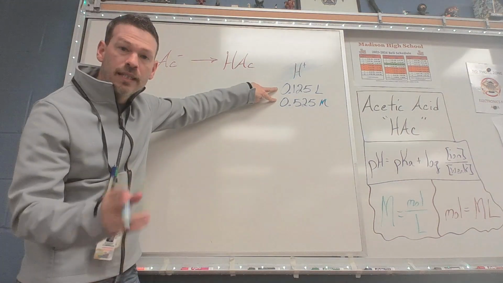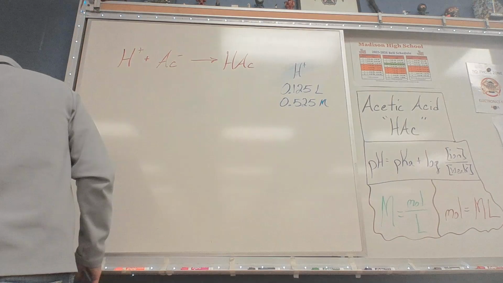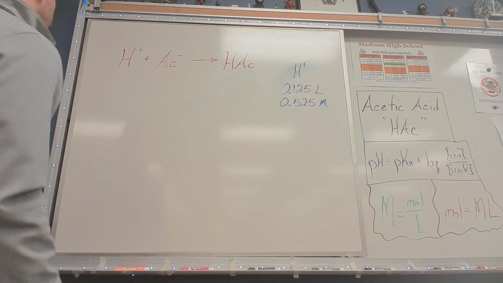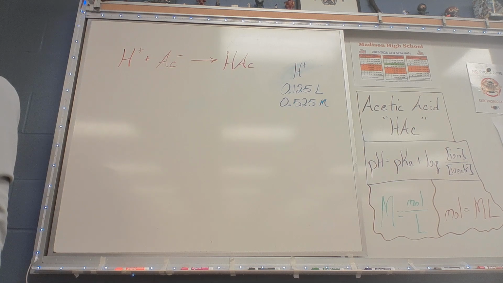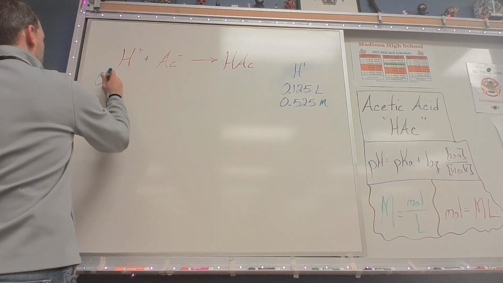If you multiply those together, you get moles. And in this case, for the H plus, I get 0.0656.